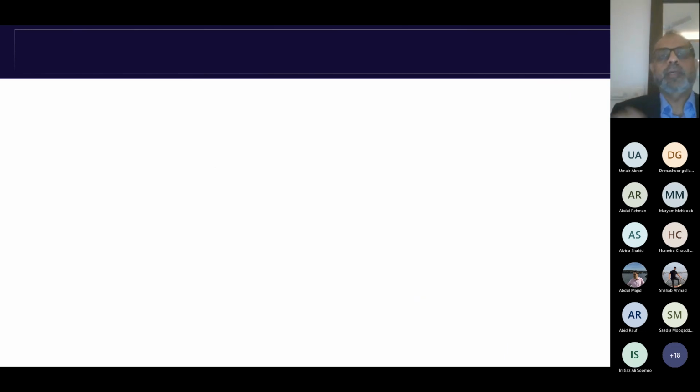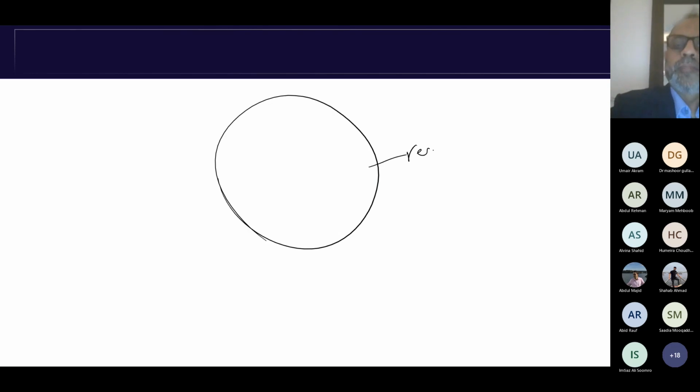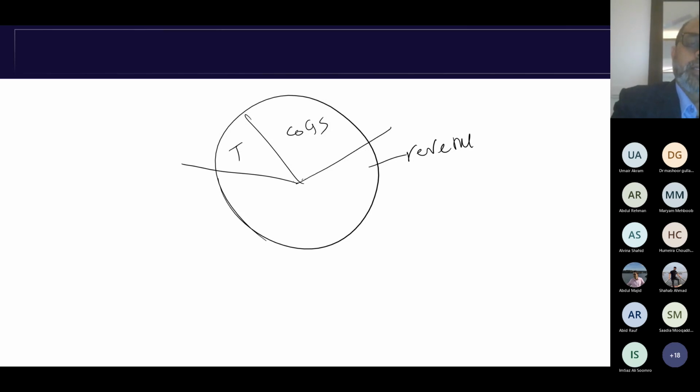The other one is vertical analysis. This tells you, if this is your total revenue, this is the money that you are spending on the cost of goods sold, these are the taxes that you have to pay, this is the interest you have to pay, this is D&A, and this is on advertisement, operations, and maybe this is your free cash.